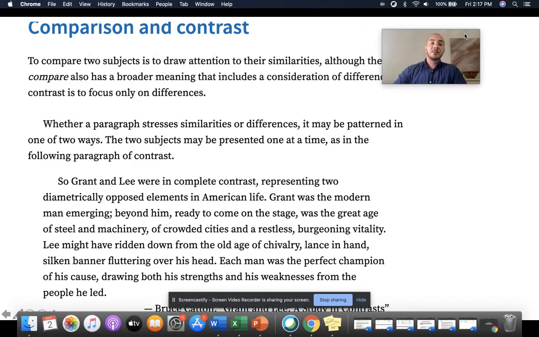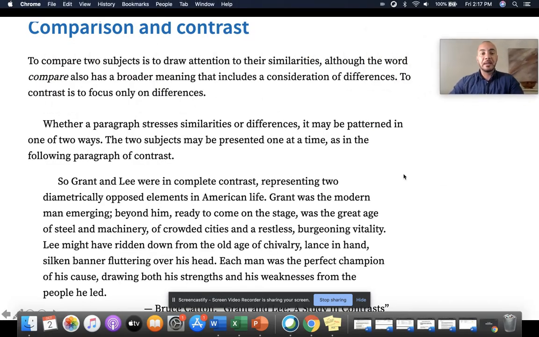This example comes from your Rules for Writers textbook, and it is comparing two political figures or two military figures using the compare and contrast model. It reads, and the paragraph begins down here, "Grant and Lee were in complete contrast, representing two diametrically opposed elements of American life.